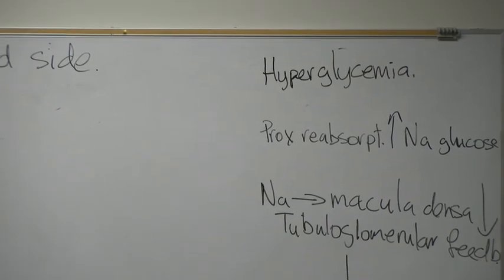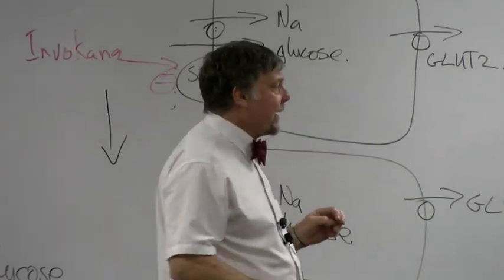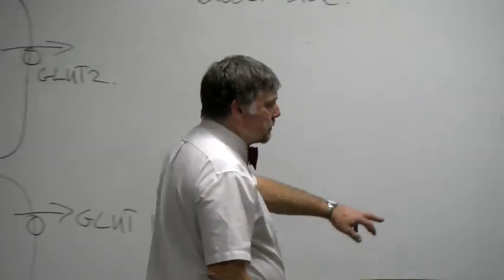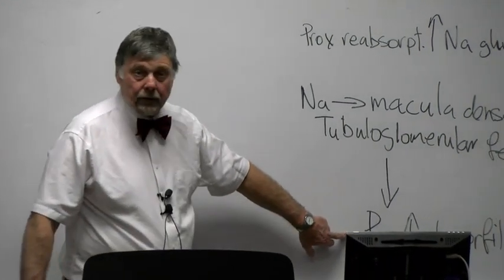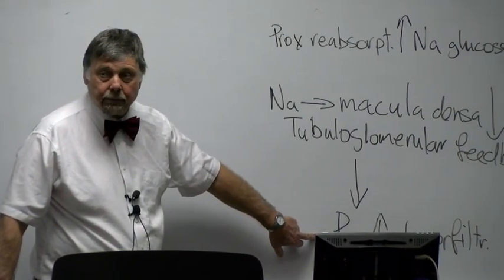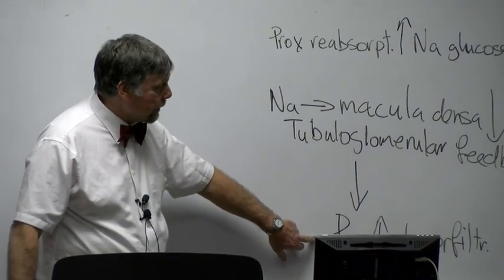Also, I talked about angiotensin-converting enzyme inhibitors that tend to prevent the increase in glomerular filtration rate and the pressure, because they have a preferential effect on the efferent arteriole.